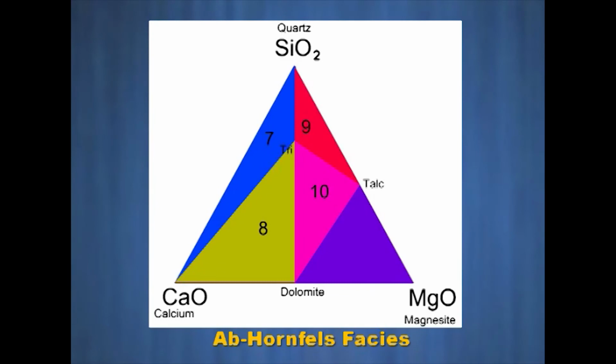If impurities are there, then we can see how tremolite is formed and talc is formed. If magnesite plus silica react, they form talc, that is magnesite plus quartz give rise to talc. And another reaction is magnesite plus calcite plus silica give rise to tremolite.